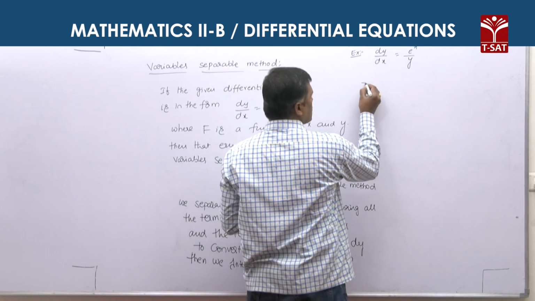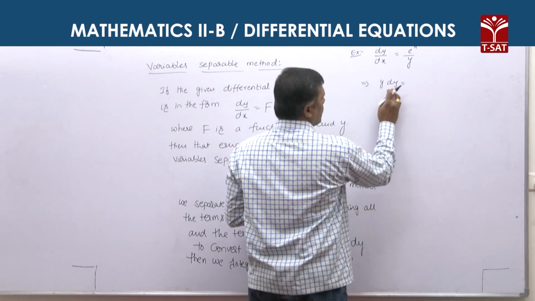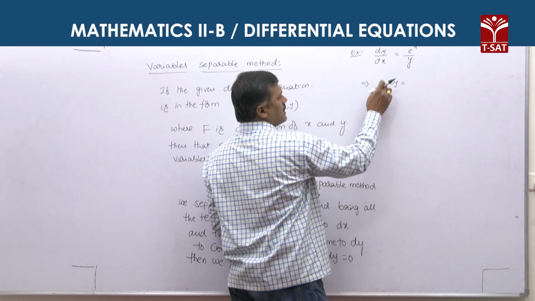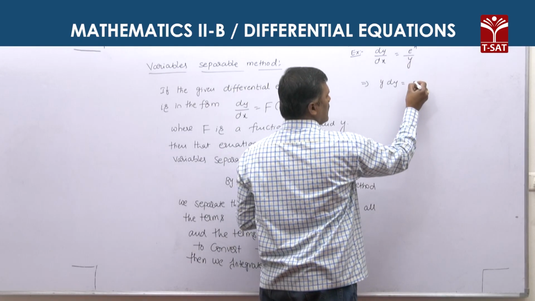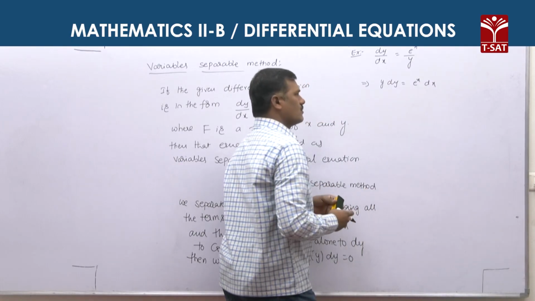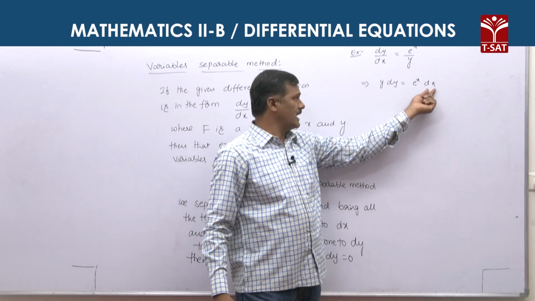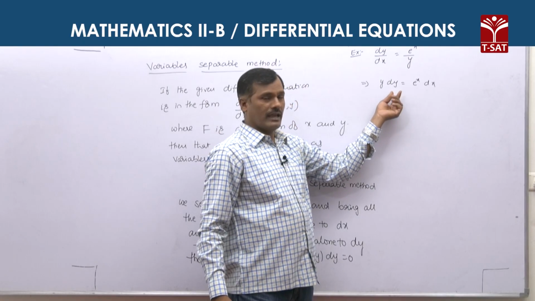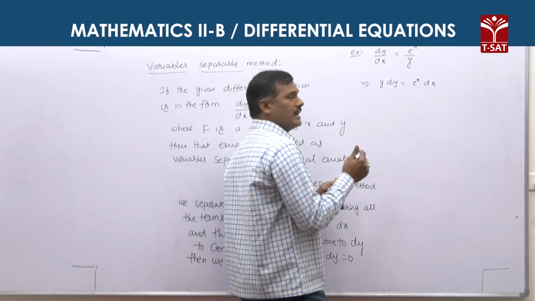So how do we write this equation? y into dy, and e power x into dx, which is converted into the form of f of x into dx plus g of y into dy. Separating the variables, we can integrate.